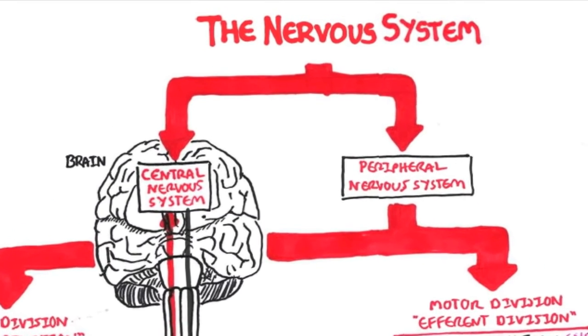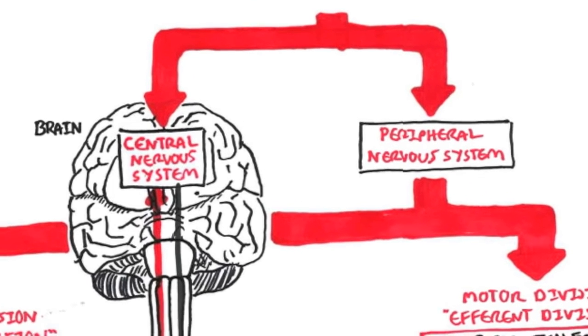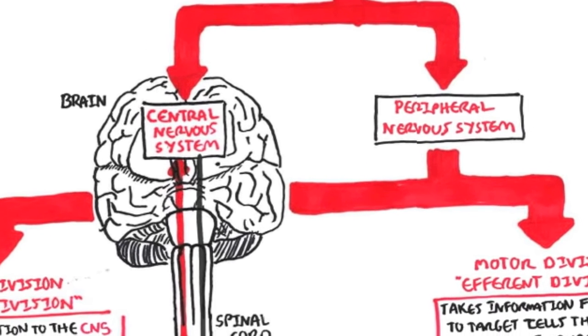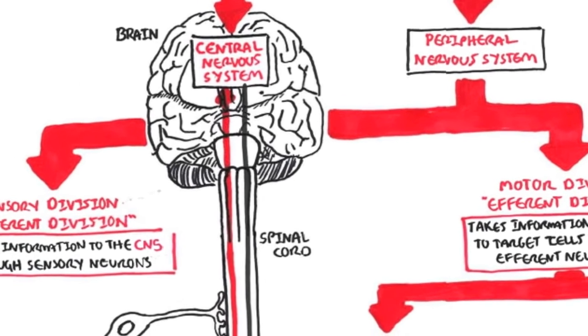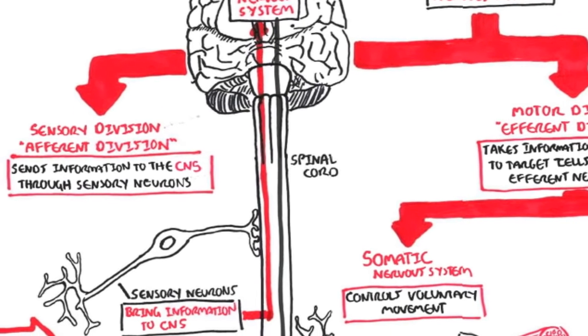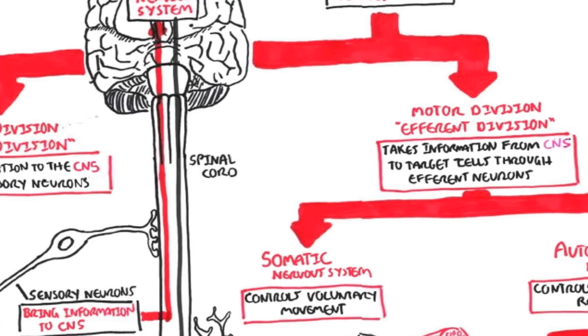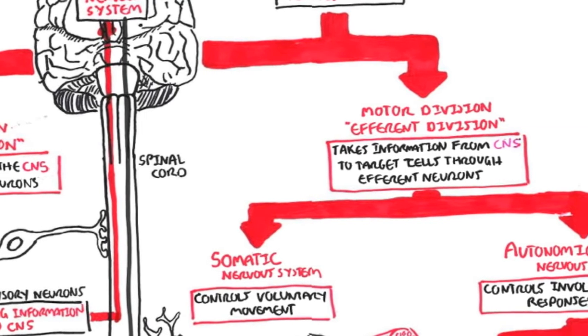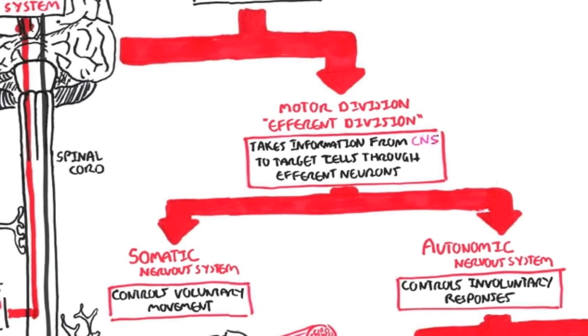Just recapping, you have the two main systems, the central nervous system and the peripheral nervous system. The central nervous system is the brain and the spinal cord. The peripheral nervous system, we have the afferent division and the efferent division. The afferent division brings in information to the central nervous system. The efferent division takes information from the central nervous system to a target cell.